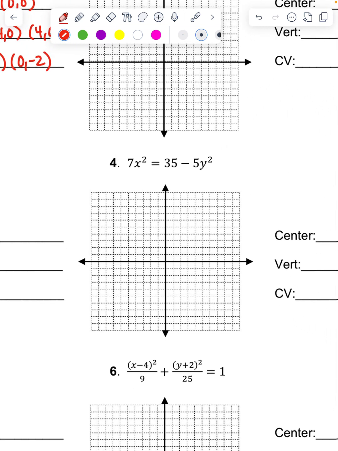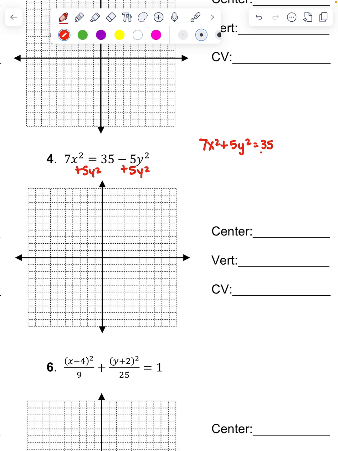When you look at number 4, it's not in standard form. So we're going to write it in standard form. We have to add that 5y squared to both sides. So I have 7x squared plus 5y squared is equal to 35. And we know that every equation has to equal 1, so I can go ahead and divide by 35.